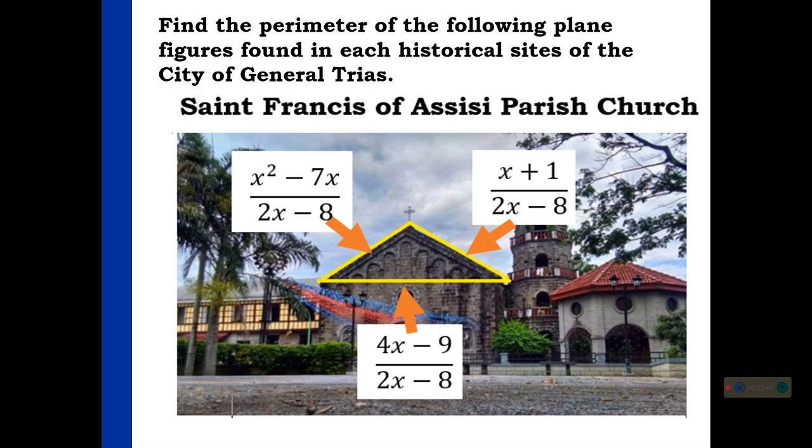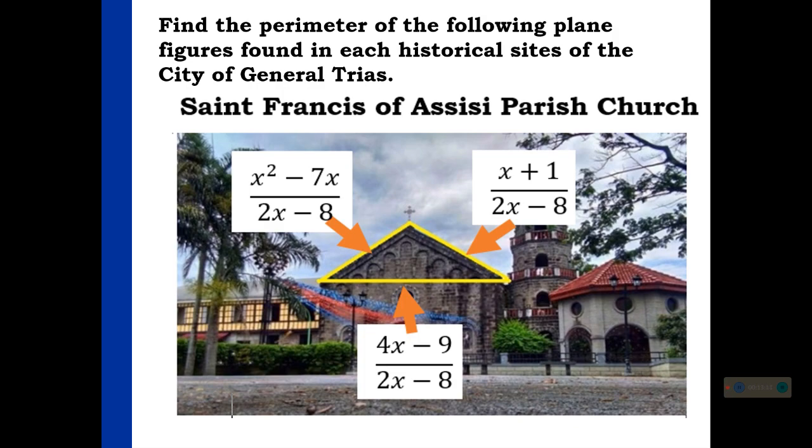So we have here the first side is (x squared minus 7x) all over (2x minus 8), and then followed by the second side, which is (x plus 1) over (2x minus 8), and then the third side is (4x minus 9) all over (2x minus 8).